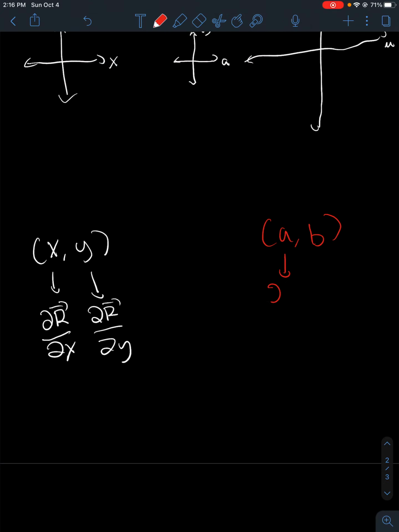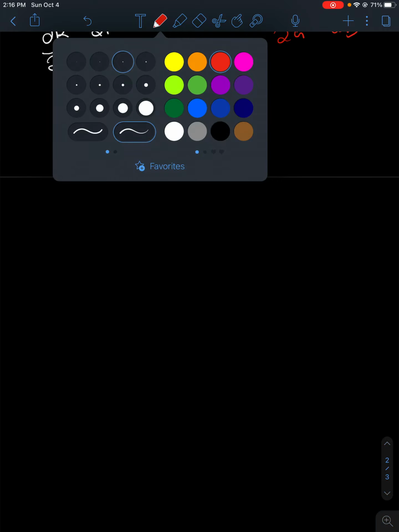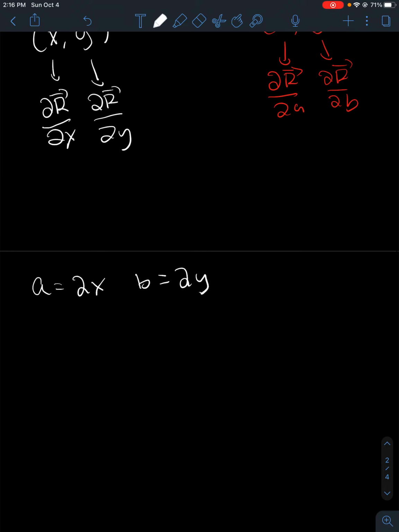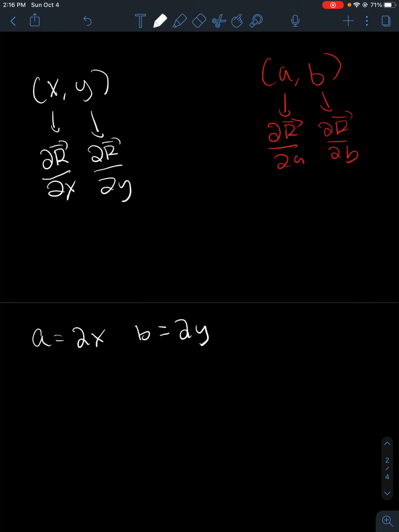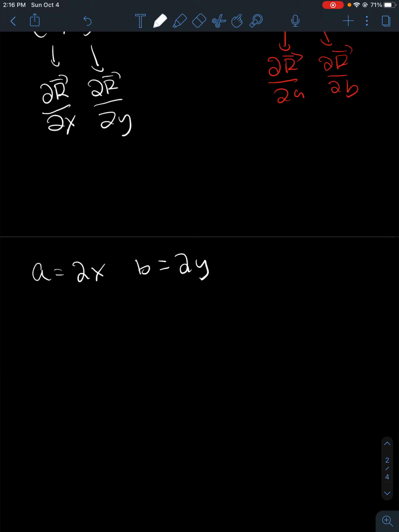Similar thing with A and B. Now, let's say we have A equals 2x and B equals 2y, meaning that x is 1/2 A, y is 1/2 B. So, if A is 2x and B is 2y, then how does the basis vector change from x to y?